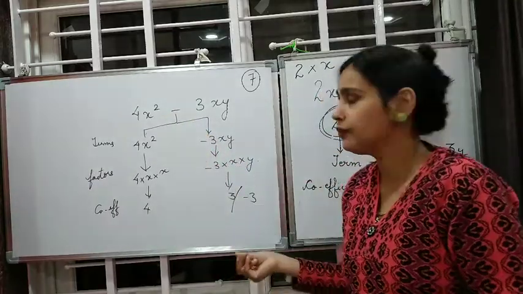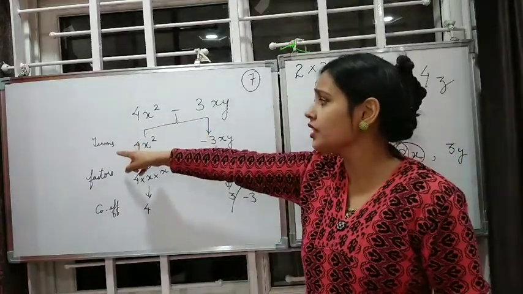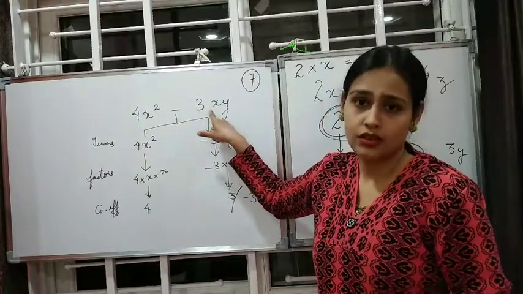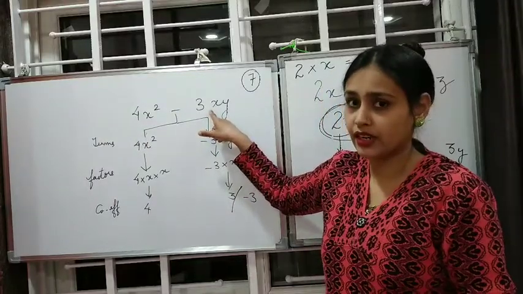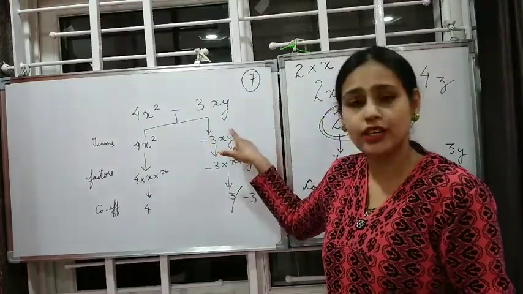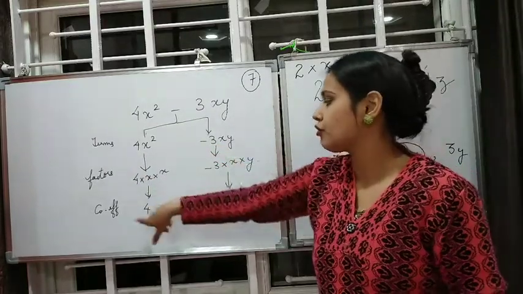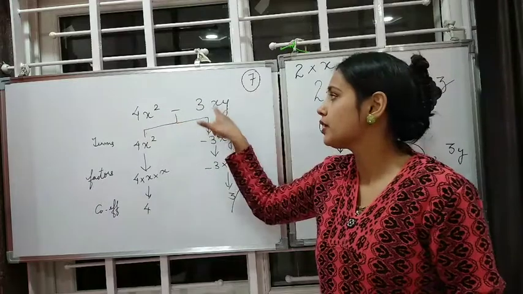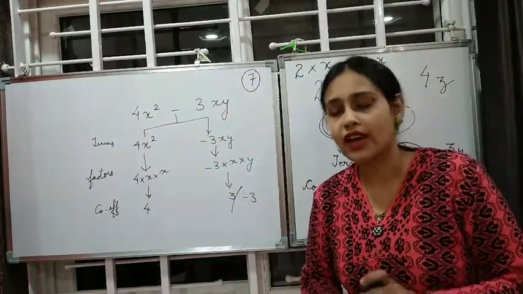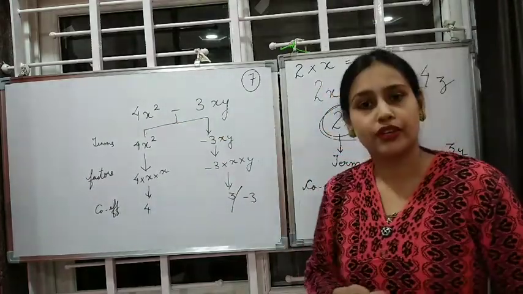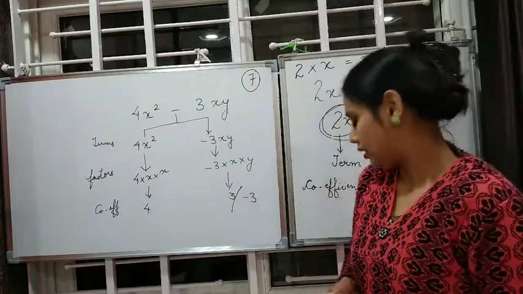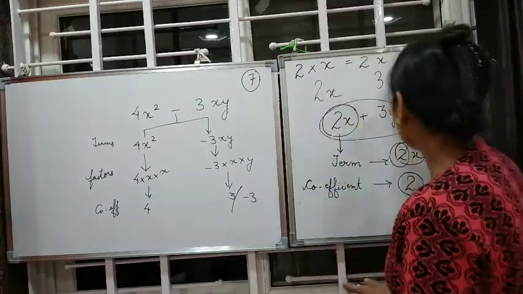Then the term: each algebra which we studied is known as a term. The factors, here are the factors, and the coefficient, that is the numerical value or the numerical factor of a particular term.